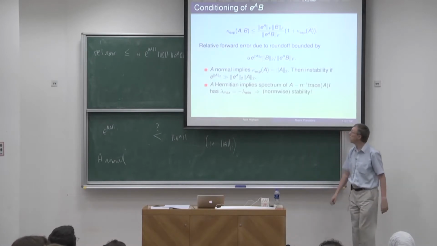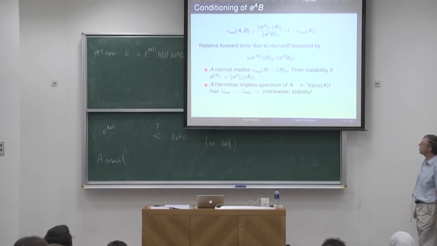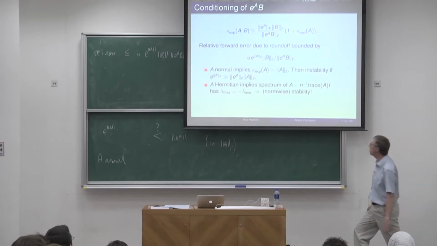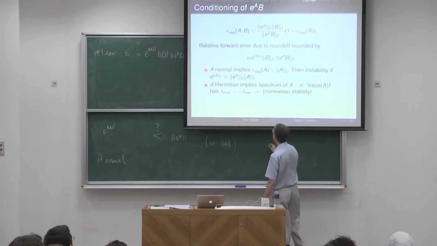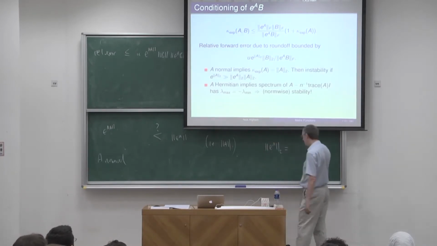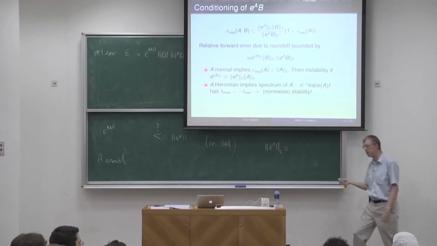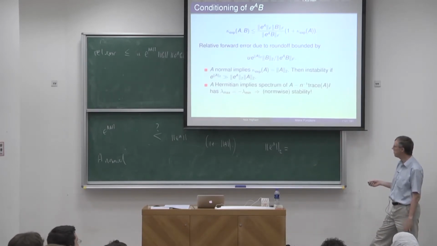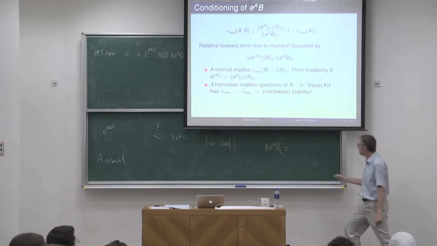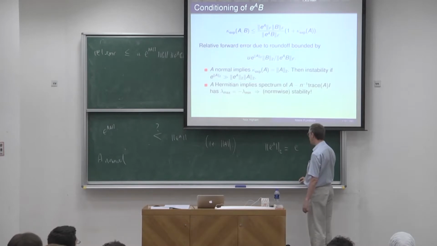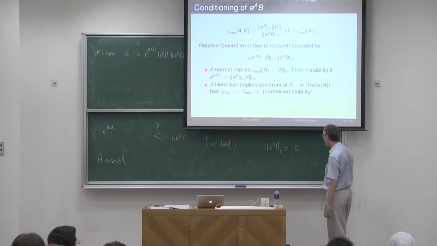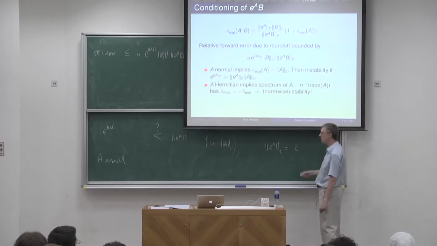Okay. So that can happen, because, for example, what is the 2 norm of e to the A when A is normal? Well, for a normal matrix, the 2 norm is just the modulus of the biggest eigenvalue. So if I order the eigenvalues by real part, it's e to the largest real part of any eigenvalue.